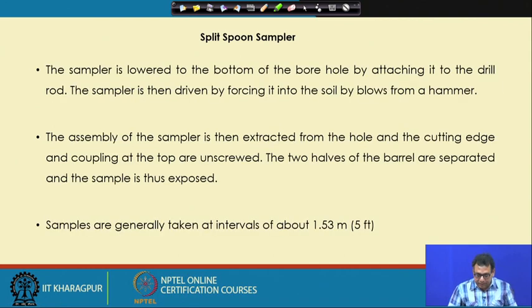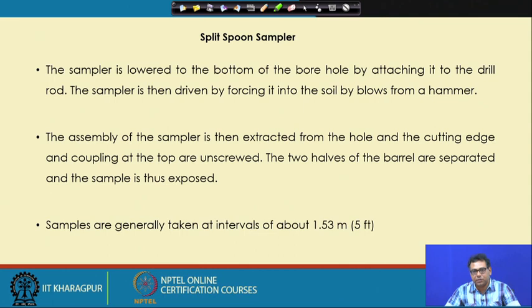This is the other description that I have given, that the sampler is lowered to the bottom of the borehole by attaching a drill rod, and the sample is driven by forcing it into the soil with hammer blows. That is done for the SPT. So, we attach the sampler tube with a rod, lower it to the required depth, and apply the blows.